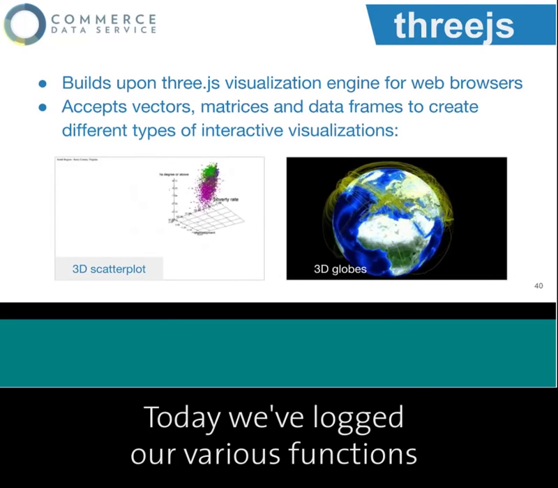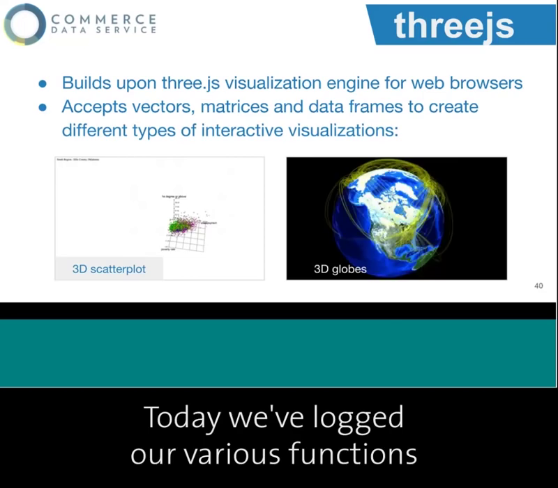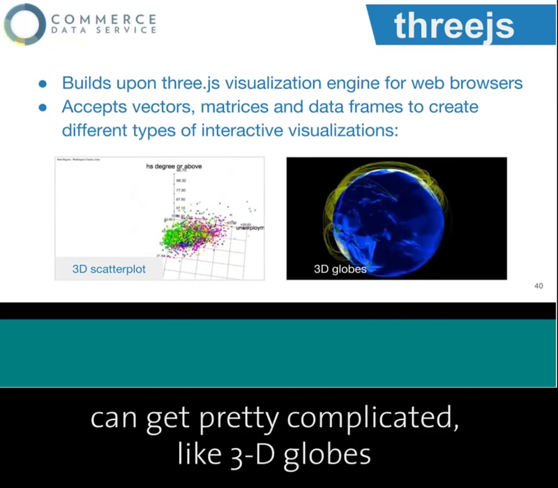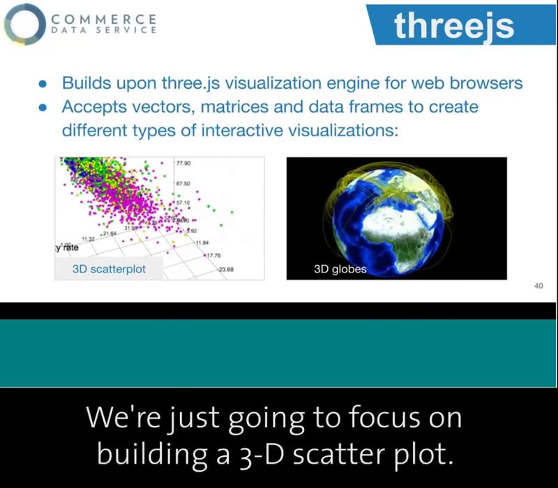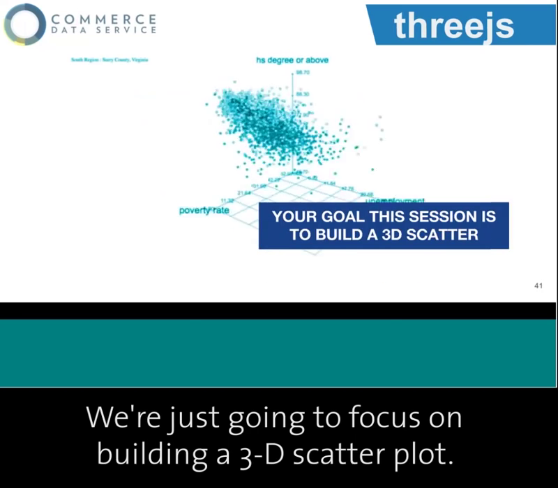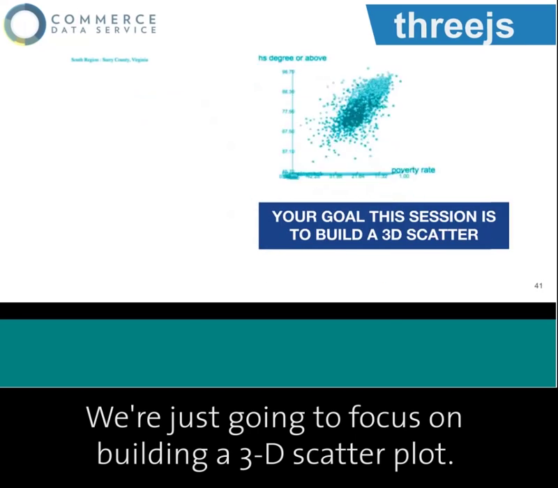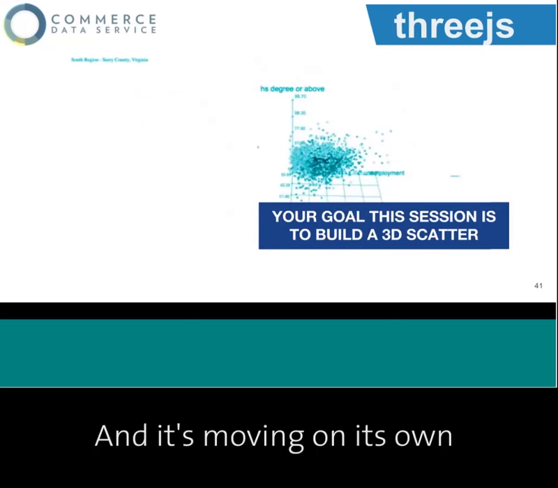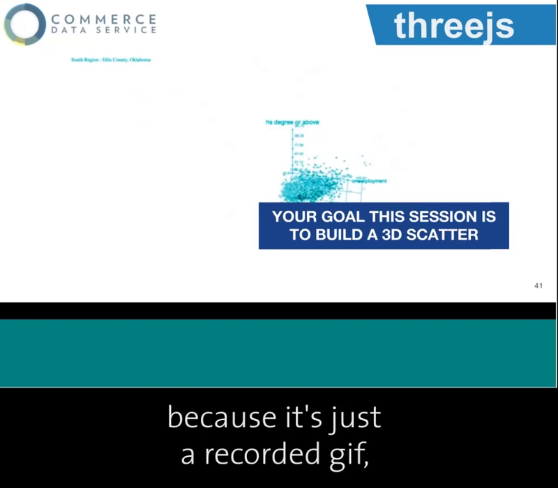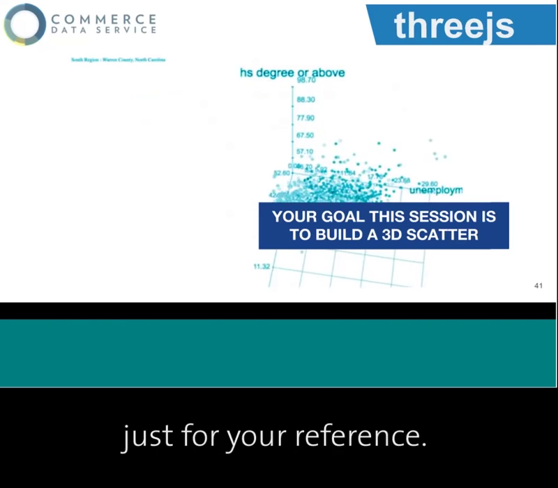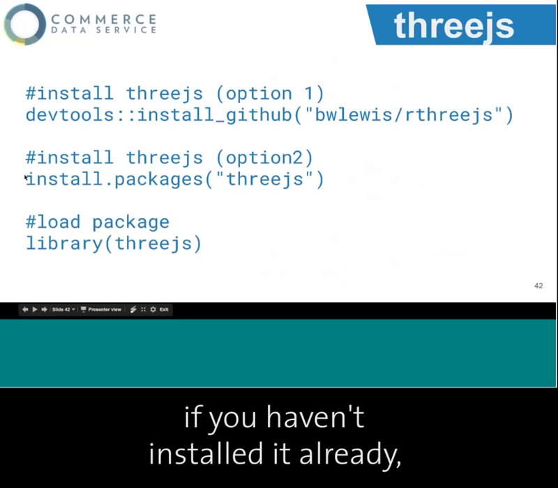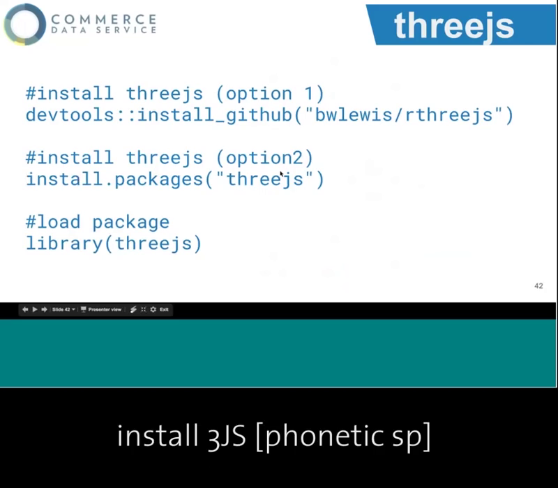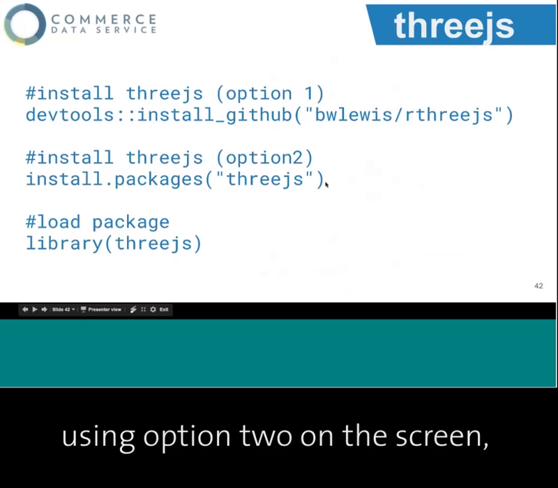Today, while there are various functions within three.js that can get pretty complicated, like 3D globes and 3D scatter plots, we're just going to focus on building a 3D scatter plot. And it's moving on its own because it's just a recorded GIF, just for your reference. So just to get started, if you haven't installed it already, install three.js using option 2 on the screen.